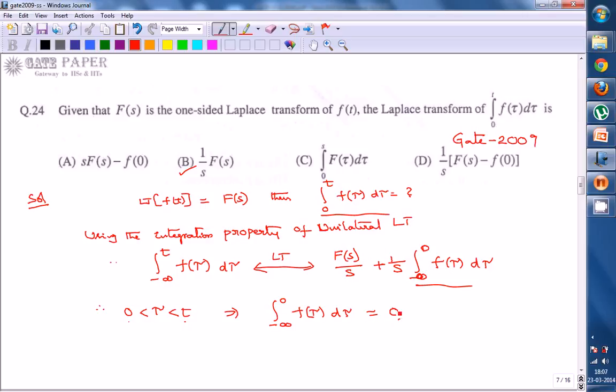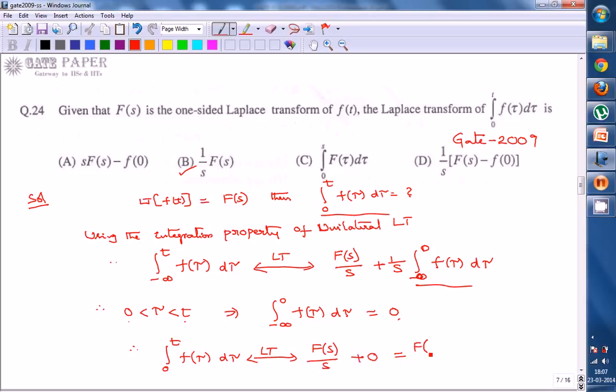Then we have the property that the integral from 0 to t of f(τ) dτ, by applying the Laplace transform, is equal to only F(s) by s, and this term equals 0 here.